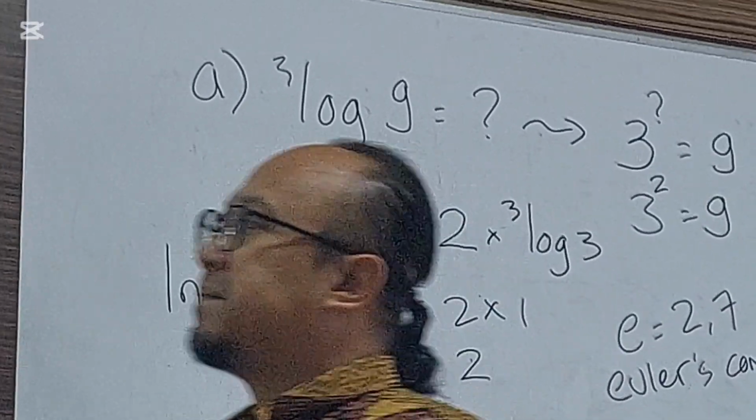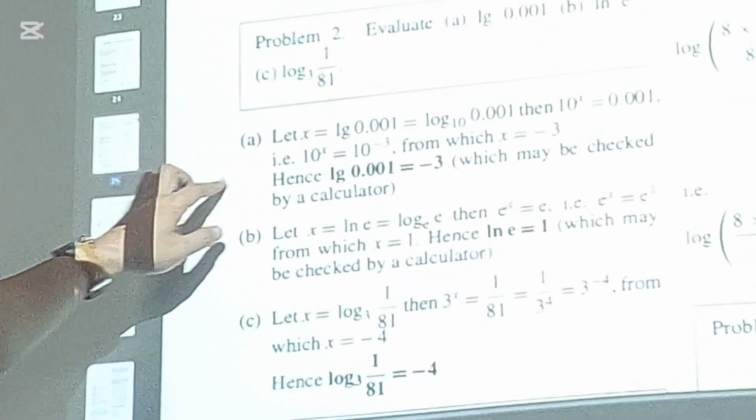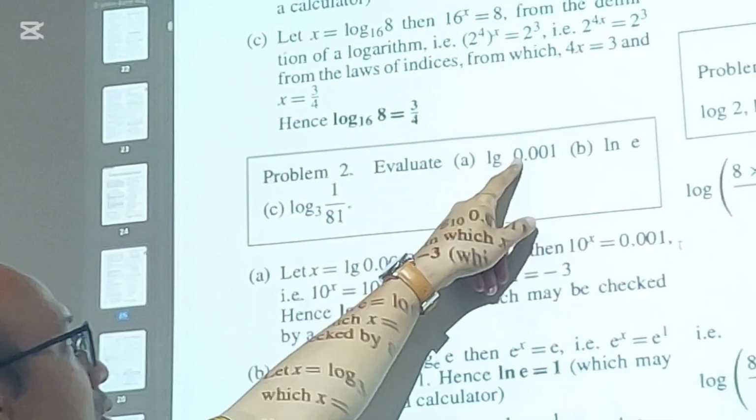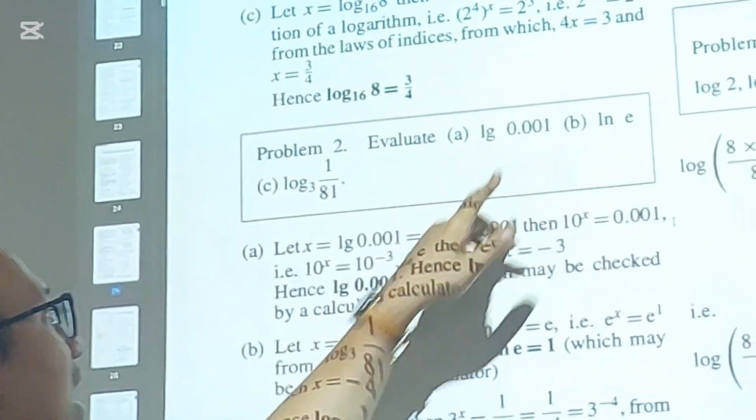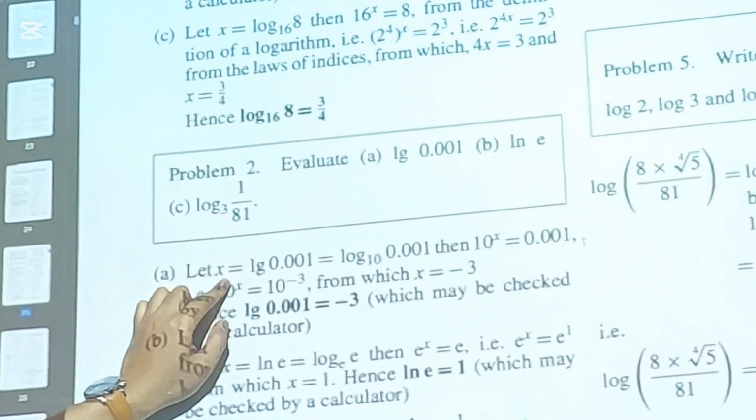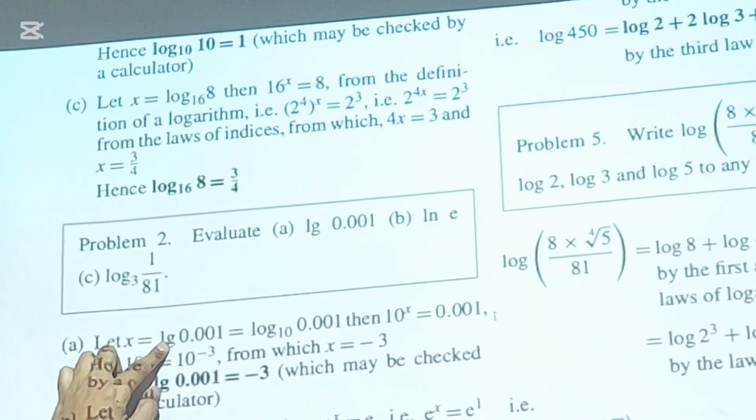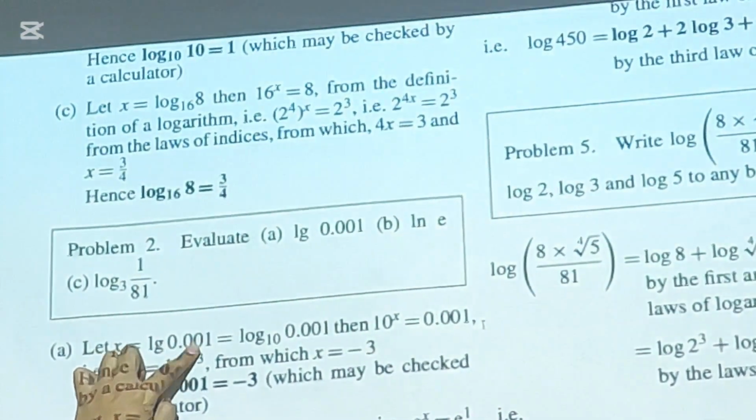Okay, we go to the first one, A. Log 0.001. X equal to log 0.001.